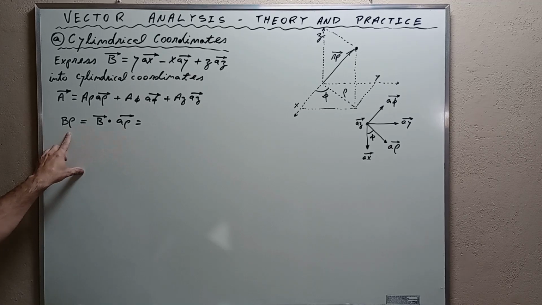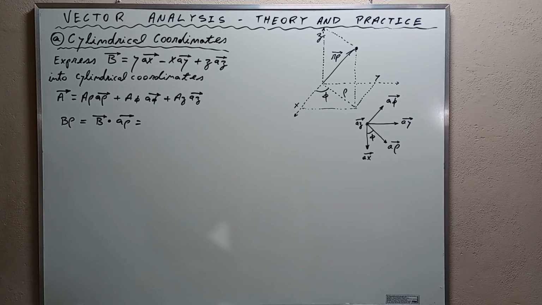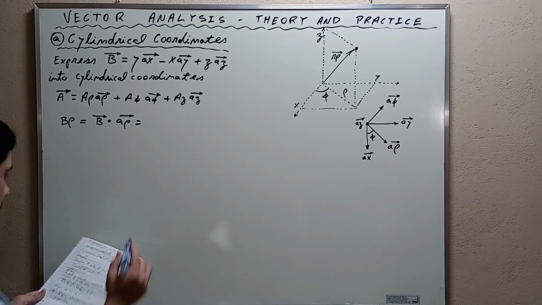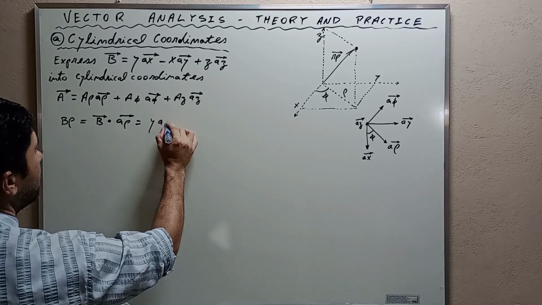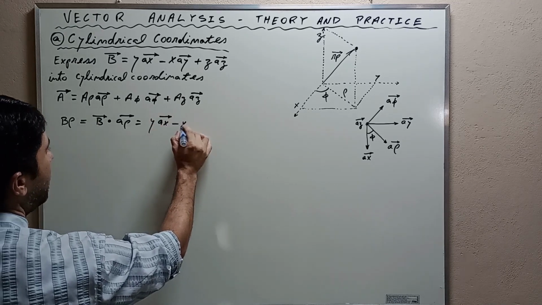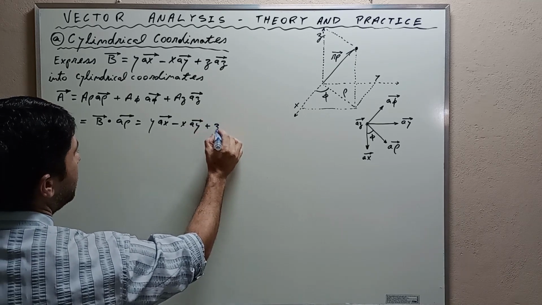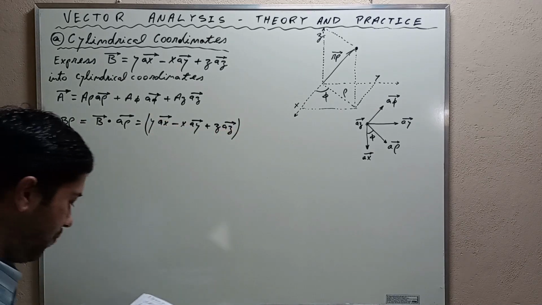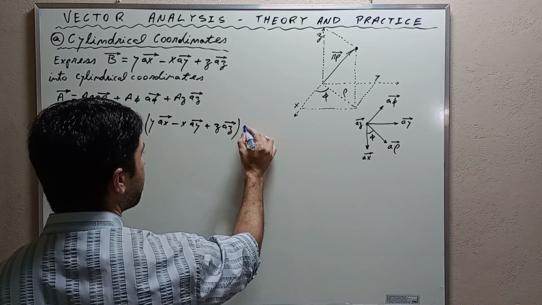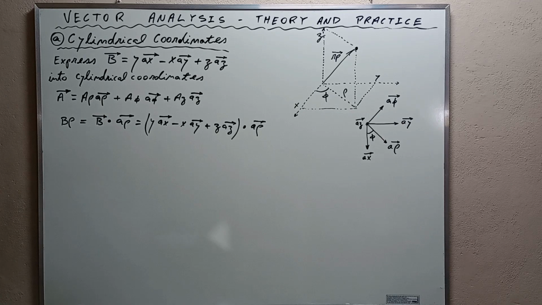Then, to express the component of b in the rho direction, we simply use the dot product in this manner here. And this is equal to the vector y in the x direction minus x in the y direction plus z in the z direction in a dot product with the unit vector in the rho direction.